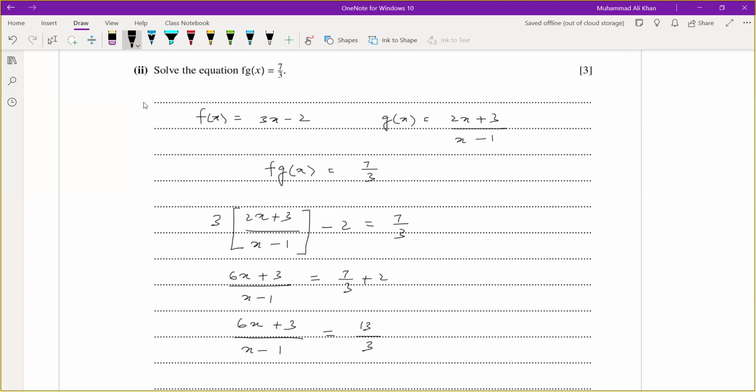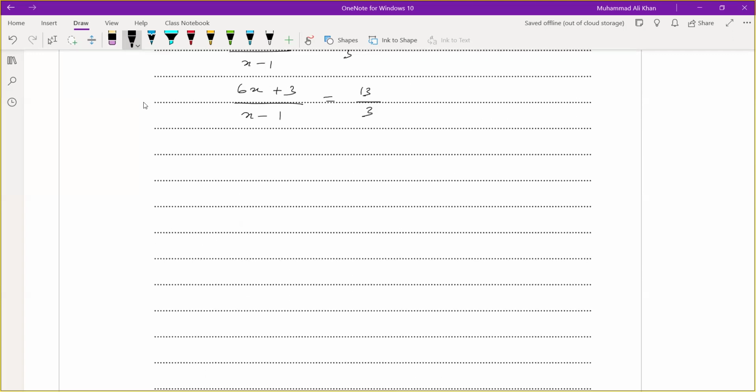Now, cross multiplication of denominator x minus 1.